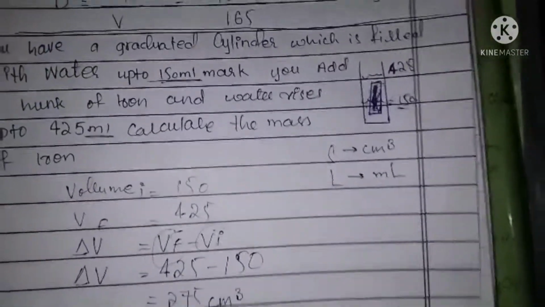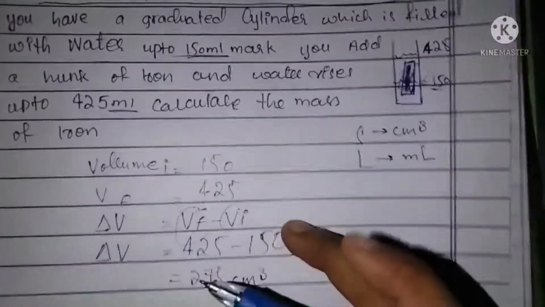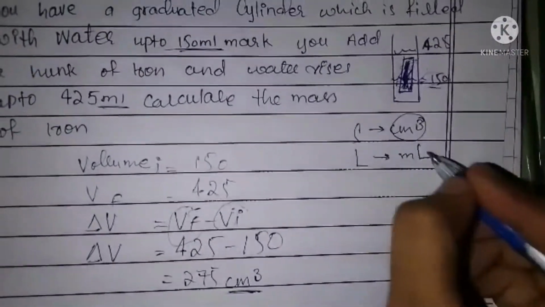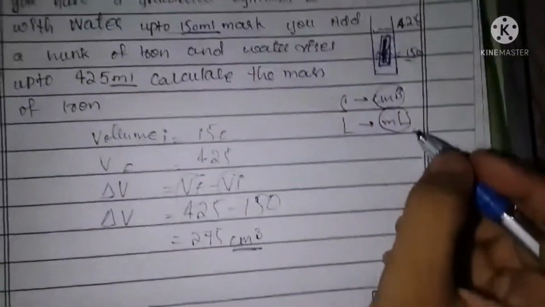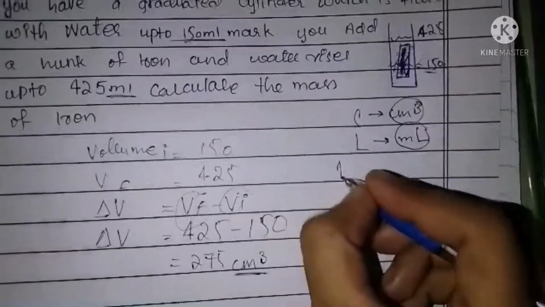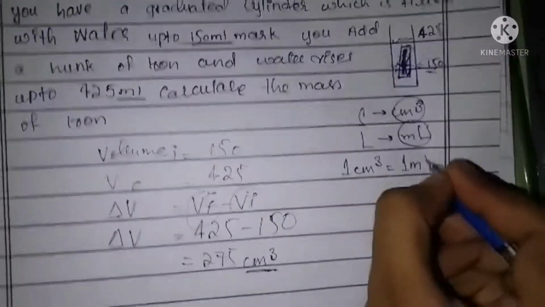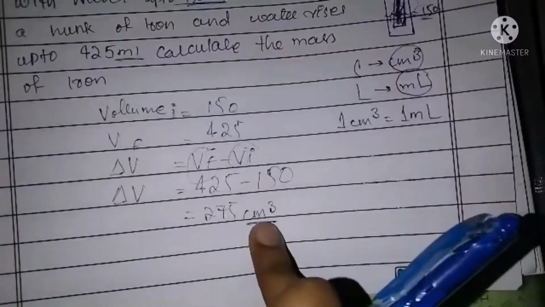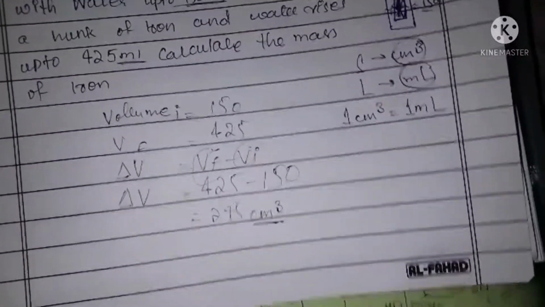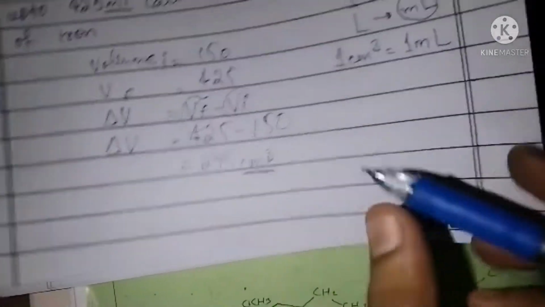So you might think we need to convert these into each other, but no, centimeter cube and milliliter are actually the same thing. So 1 centimeter cube is equal to 1 milliliter. Simple. So we can just convert this milliliter into centimeter cube just like that. You don't need a formula or anything else like that.